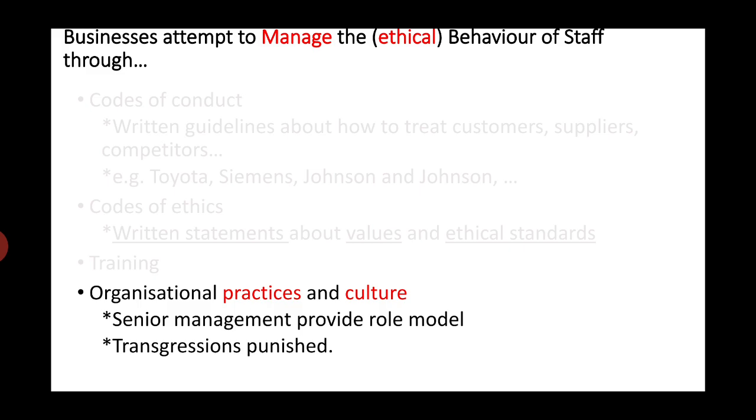Always when there is something, punish those people. Why? He will learn, others also will learn, and this way you are under the ethical practices, and you are building that culture in the organization which you wanted to have as a long-run practice.